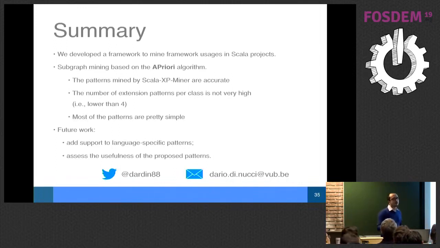So the higher the accuracy, the simpler the patterns. This means that what we have to do in the future is try to gather some patterns that are more complicated. This means that maybe our accuracy will start failing, but it's also true that as a developer you care about complex patterns, because if you are going to use a library, you don't need this kind of technology if the extension is easy.